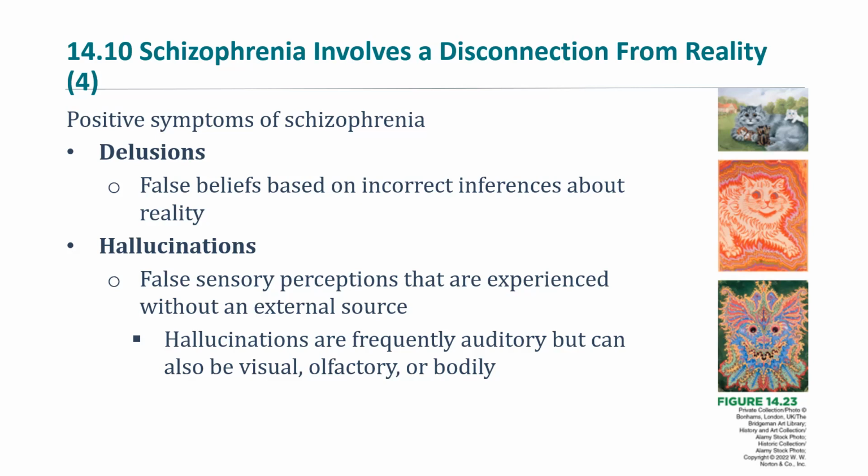But the thing is, you can't convince somebody with schizophrenia that their beliefs are false. No matter what kind of evidence you try to provide, or however you try to approach it, they will find ways to hold on to their delusions.